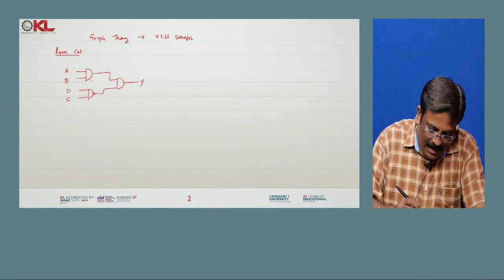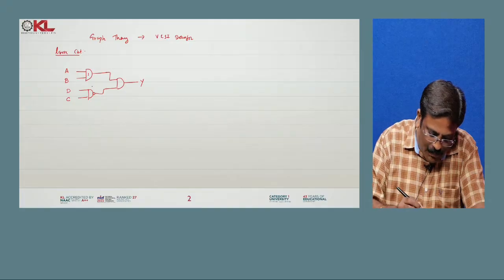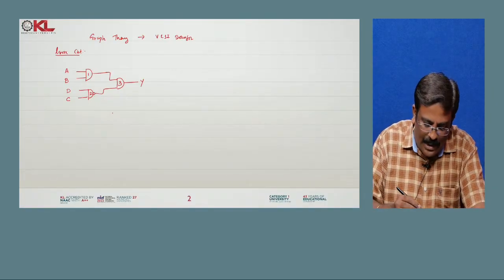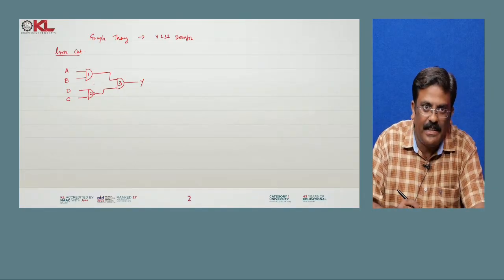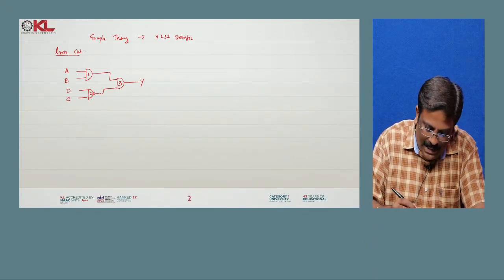The logic gates available here, I will call logic gate 1, logic gate 2, and logic gate 3. I am not going to look at the functionality. According to the functionality, this is an AND gate, we have one NAND gate, and one more AND gate.